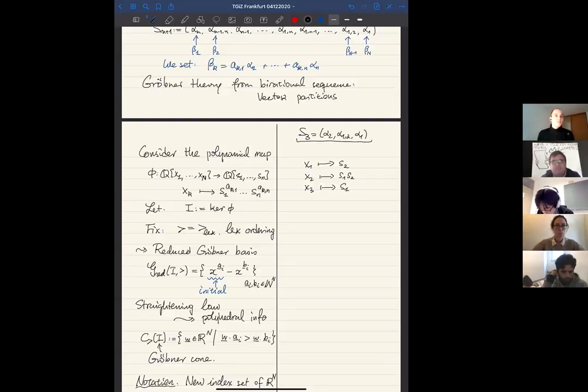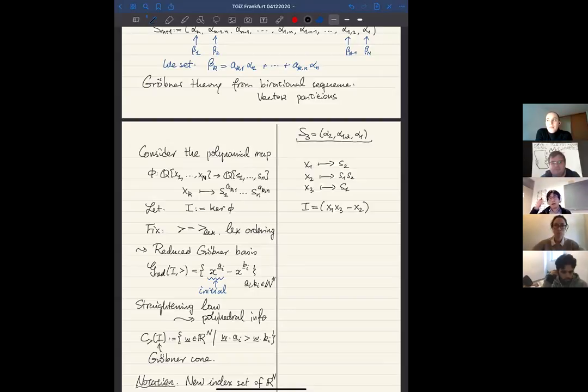Now in this case, because this case is very easy, the I is exactly the principal ideal generated by x1 x3 minus x2. And now because I want to do Grobner theory, I need to fix some total ordering, or monomial ordering. And I fix my favorite lexicographic ordering.